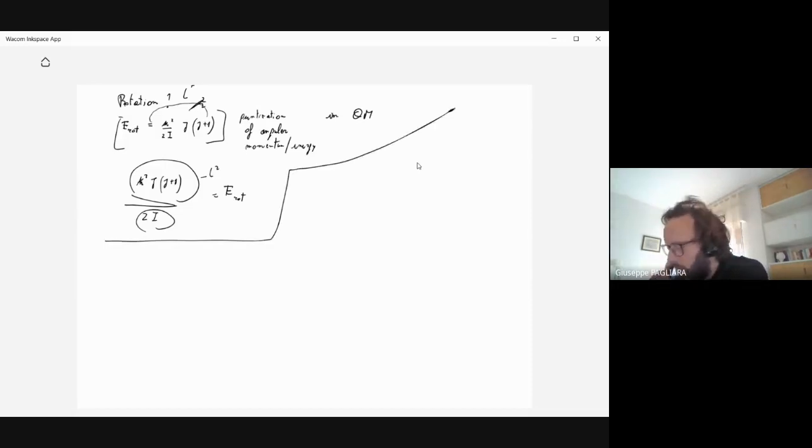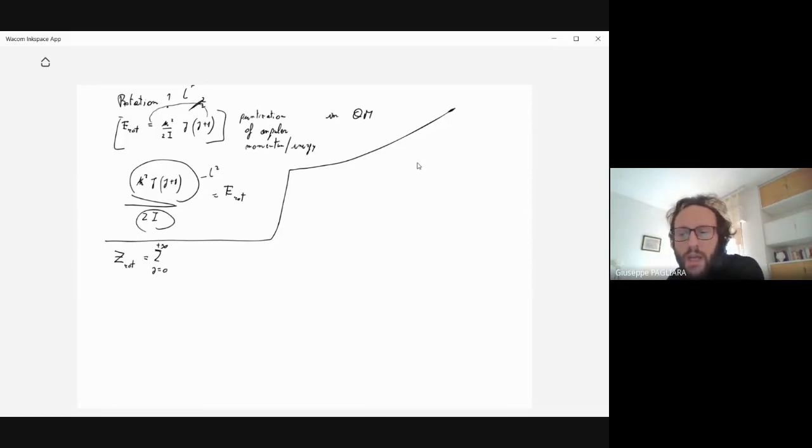Okay, so now as before, we compute the canonical partition function for one particle, which is associated with rotation now. And in this case we have the sum from j=0 to plus infinity.